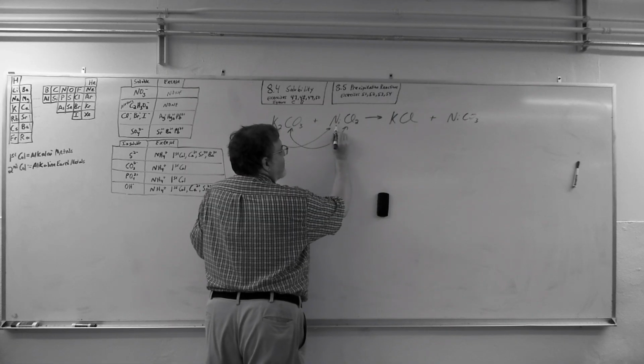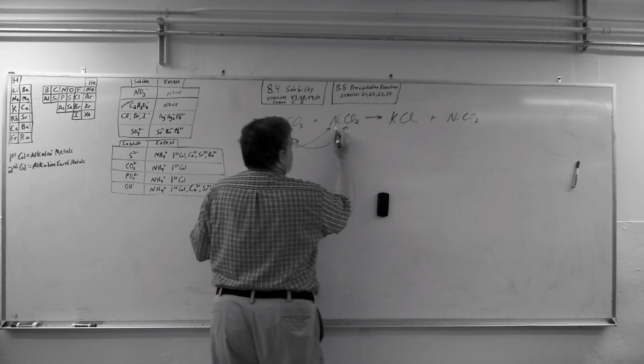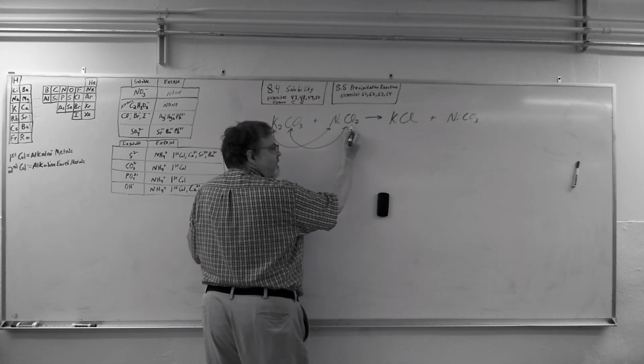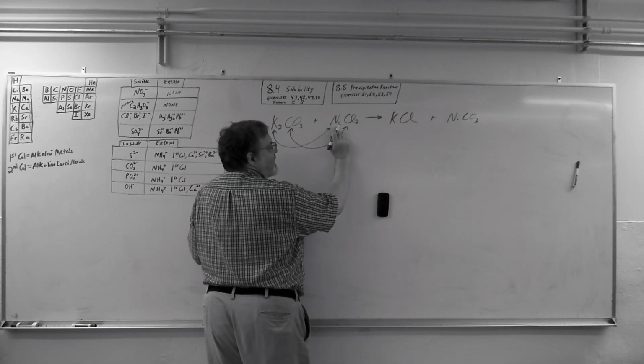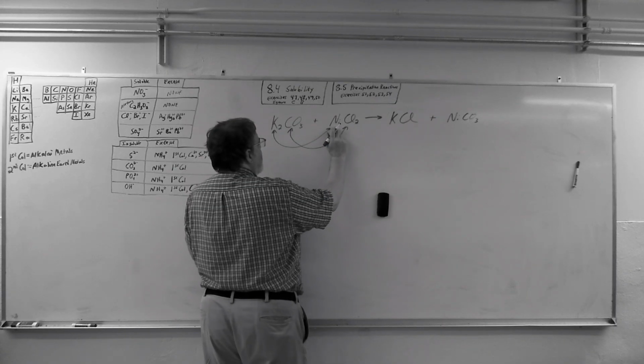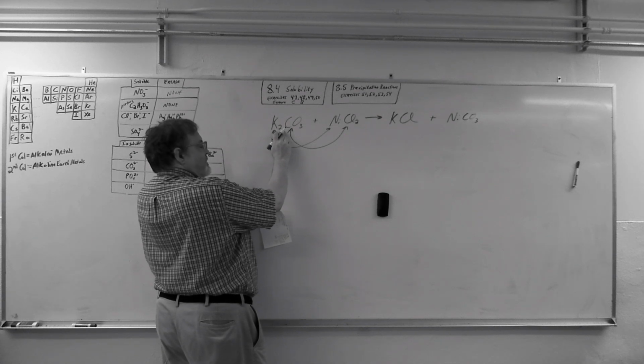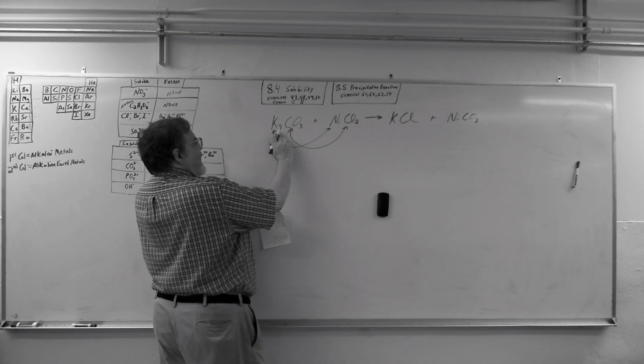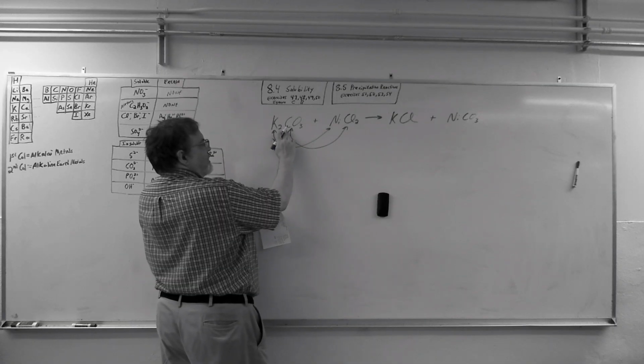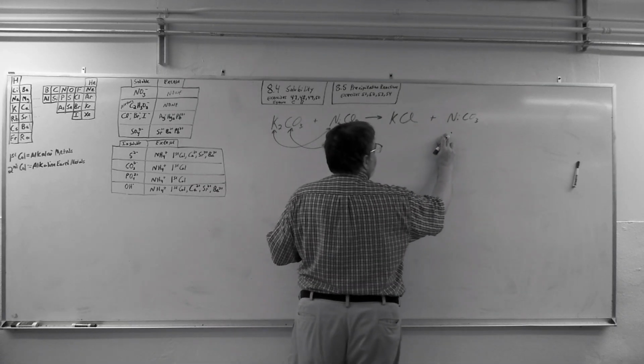We know the charge on the nickel because the charge on chlorine, it's 2 negative, so the nickel, this has to be nickel 2. CO3 is 2 negative. It's on the polyatomic chart. But this K2 should tell you that that's 2 negative. So that's why I wrote this way.